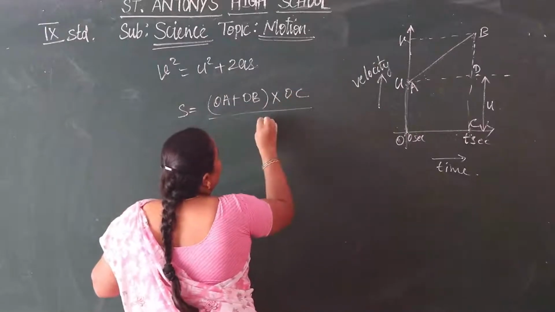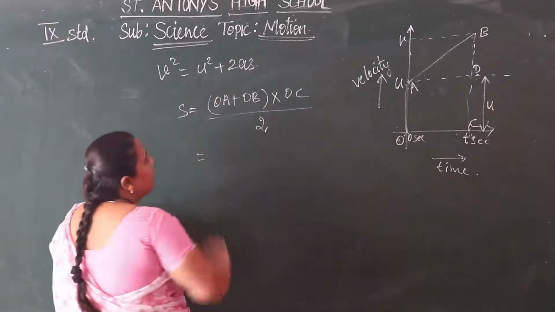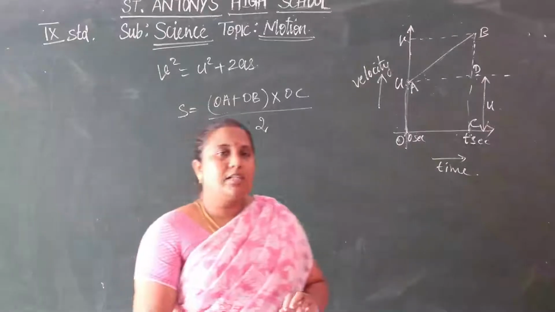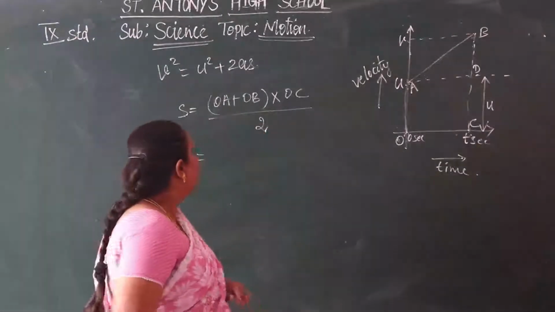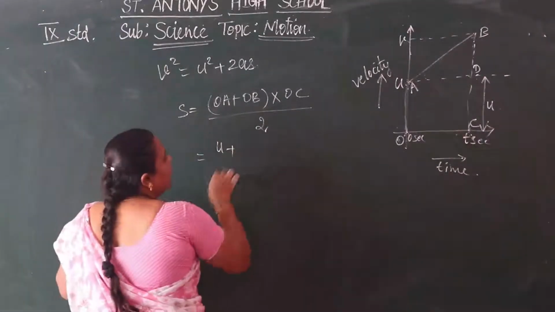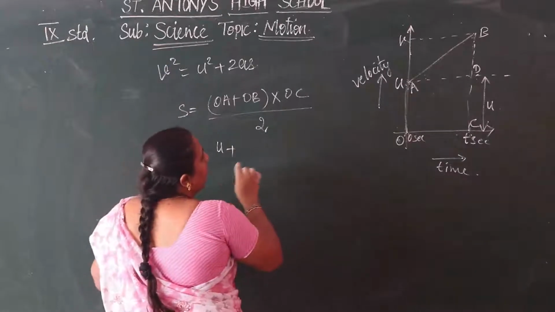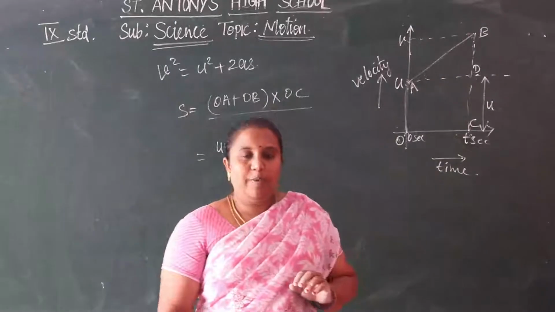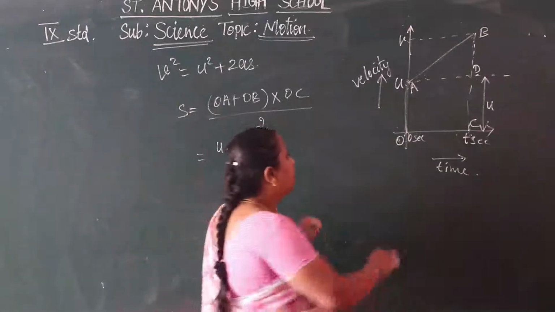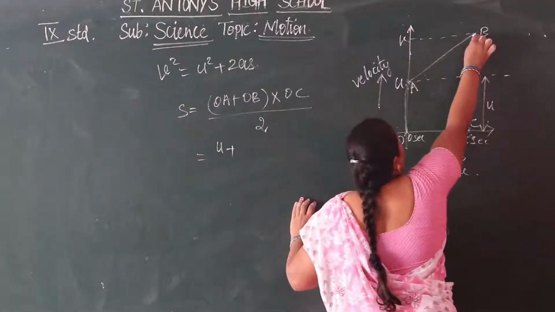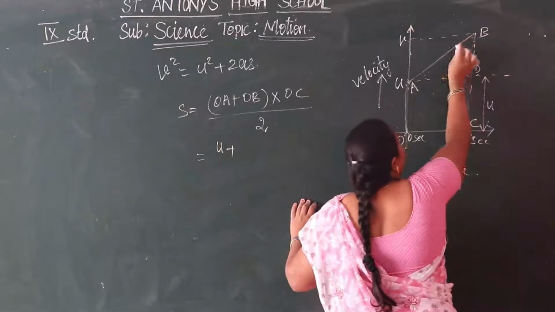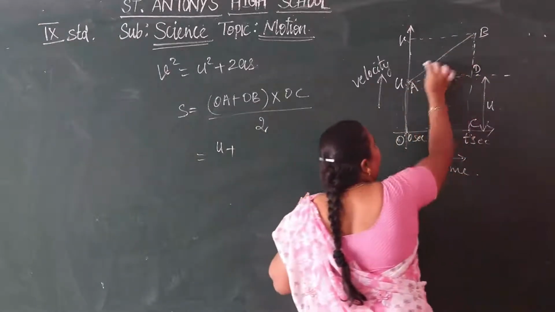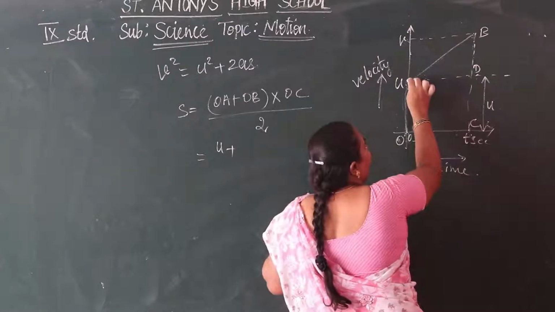What is OA here? OA is u. Plus OB, OB is v. That is the full distance O to B. So here AB we wrote as v minus u, that is OB as v and OA as u.